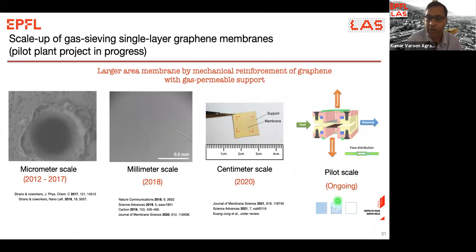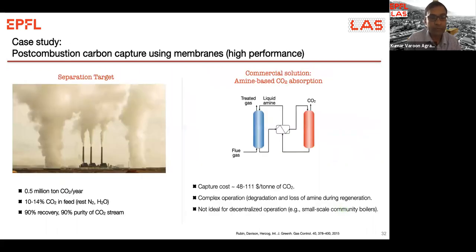This is an ongoing project with a local industry in Switzerland, GAZNAT, which is a natural gas distribution company, as well as some support from the Swiss government, Canton of Valais, where my satellite campus is located. This project is already ongoing, and our target is to capture about 10 kilograms of CO2 per day.